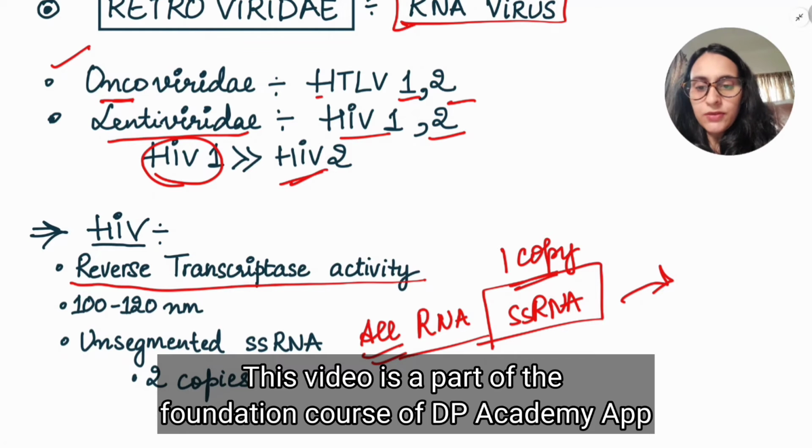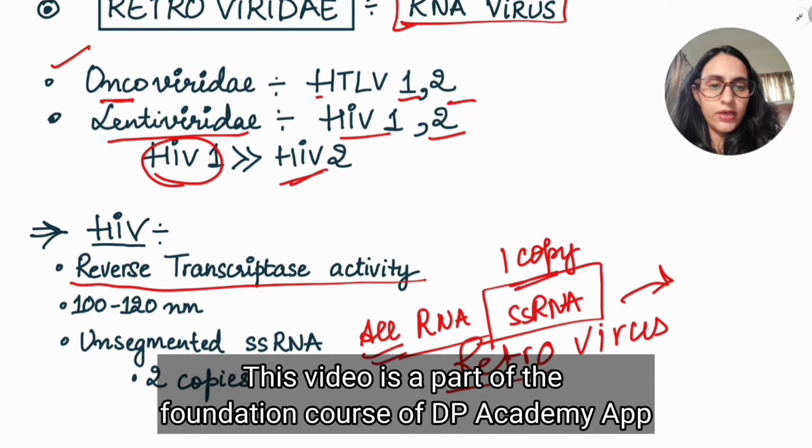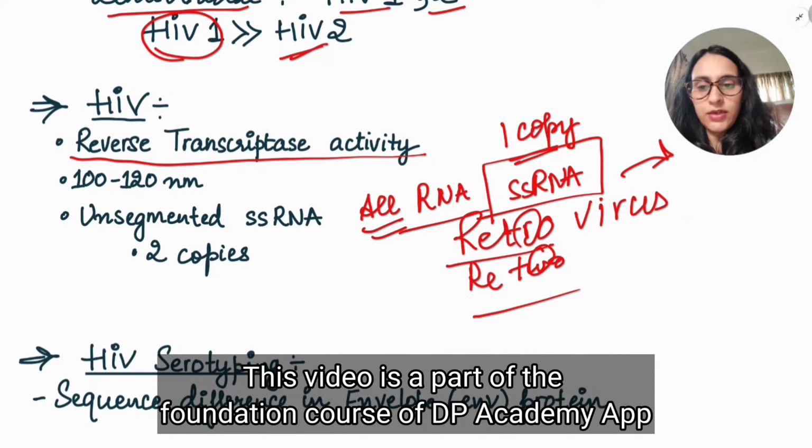But with the exception, we have retrovirus, and if you write retrovirus, you can also write it with a W instead of R. So in this, you can see that there are two copies of single-stranded RNA in case of HIV. So all the RNA viruses have single-stranded RNA, but here in the retrovirus, the RNA has got two copies. Single-stranded RNA, but two copies in case of retro.